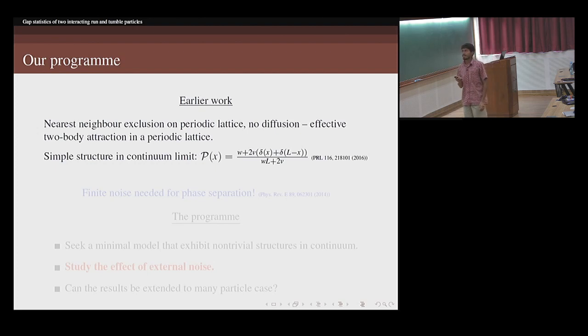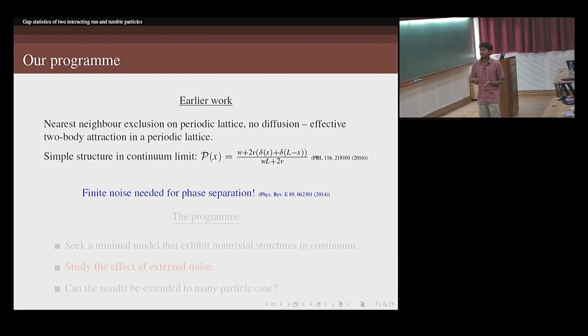In the continuum limit, there is no non-trivial structure. For example, with x the gap between the two particles, the particles are either independent, so their gap distribution is constant, or they are on top of each other. So really, no interesting scale is emerging. On the other hand, there have been some proposals claiming that you actually need finite external noise to see the phase segregation.